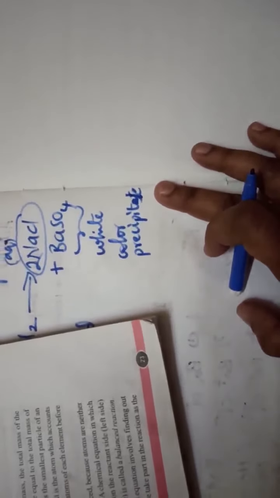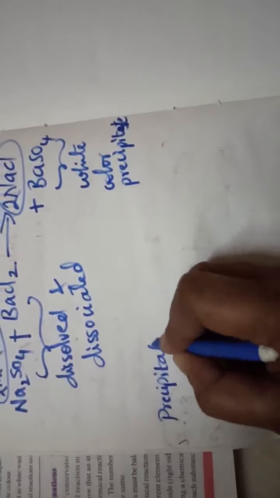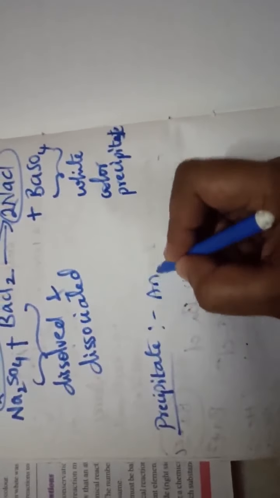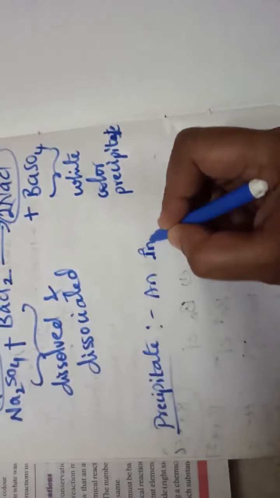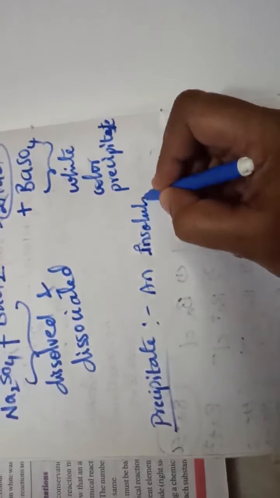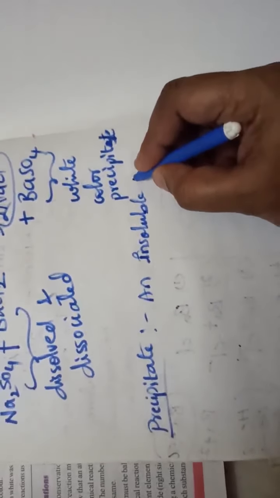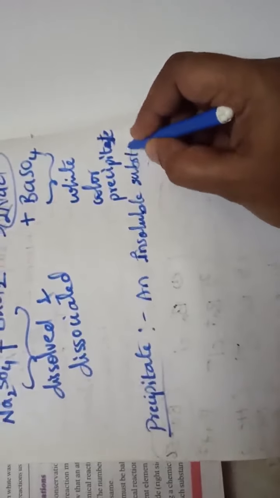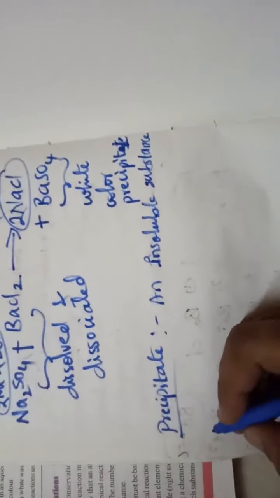An insoluble substance is known as a precipitate.